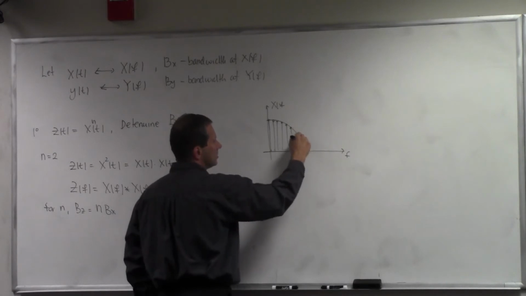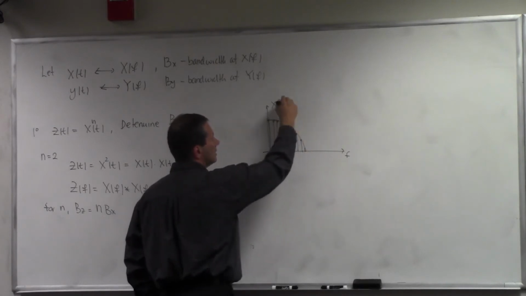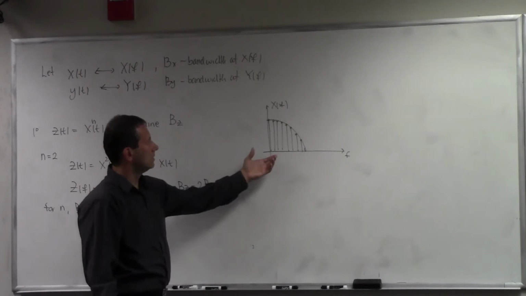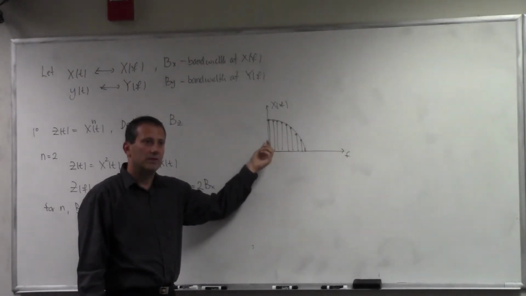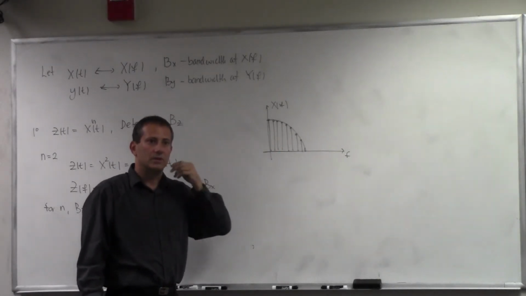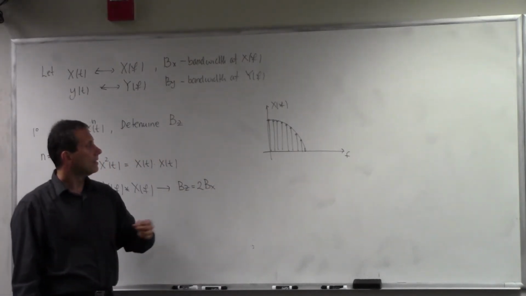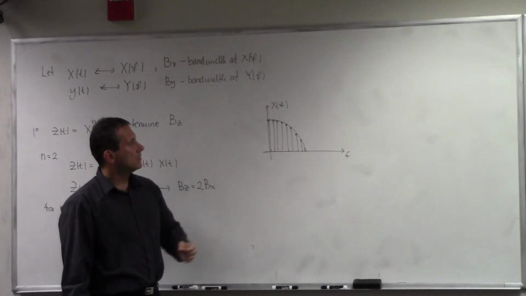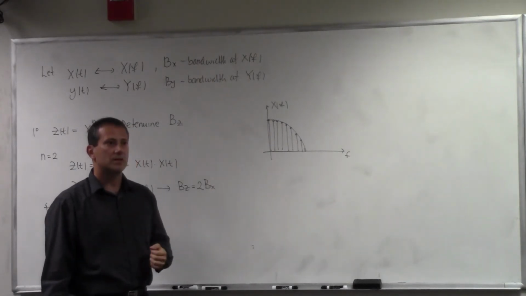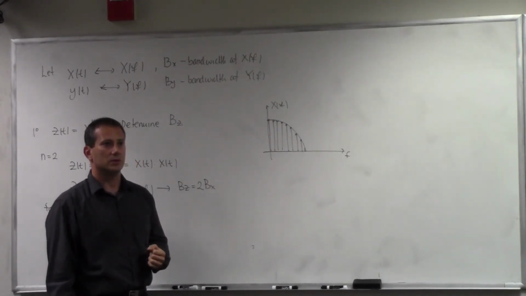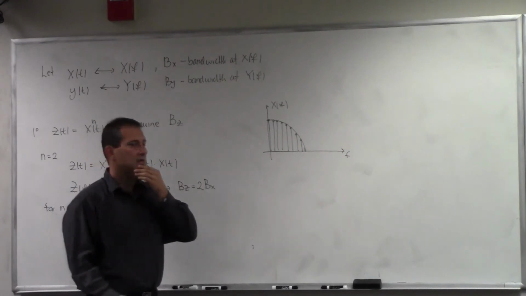If I draw it like this, because the spectrum is discrete, x of t would be periodic, but if I make all of these sinusoids infinitely close, then I end up in the limit obtaining a non-periodic signal. Now, think of this as a sum of sinusoids. What happens when I sum all of these sinusoids and take the square of it?